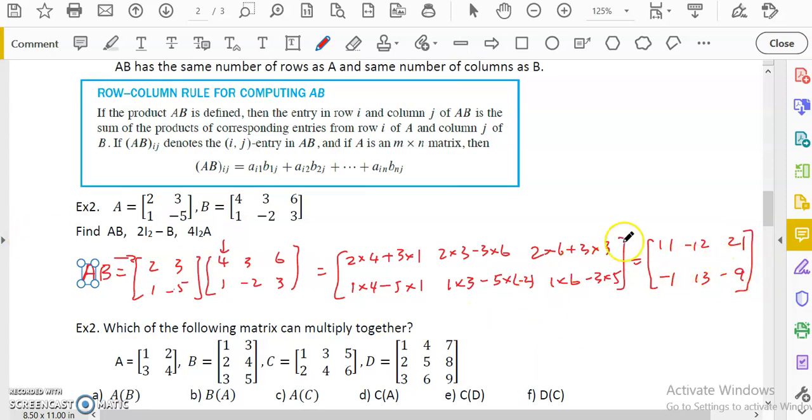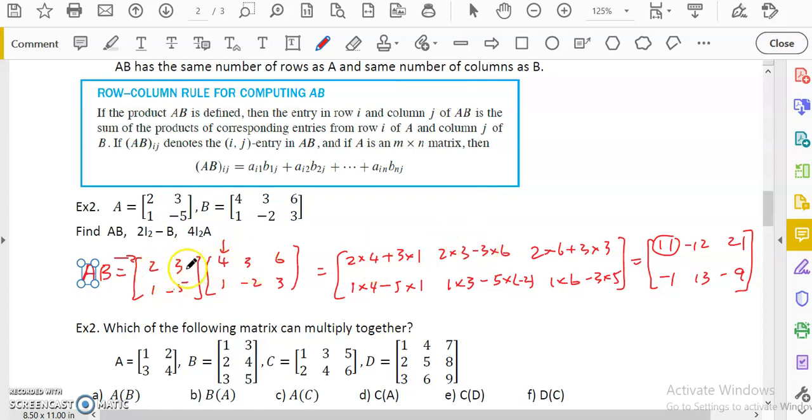So remember, when you are to generate this number, you use the first row and the first column. How do you use it? You get 2 times 5 plus 3 times 1. When you are to generate negative 12, you use the first row, but the second column, so 2 times 3 plus 3 times negative 2.